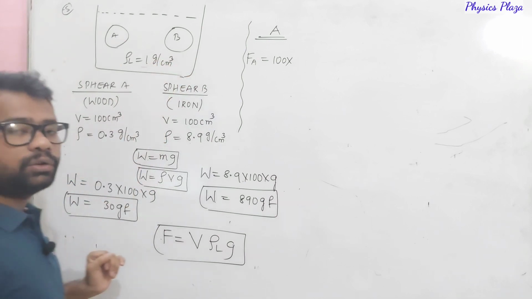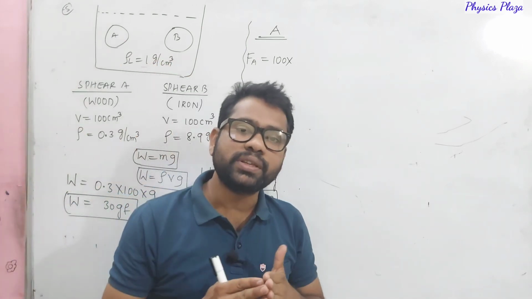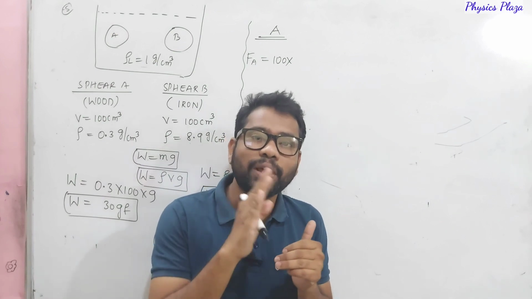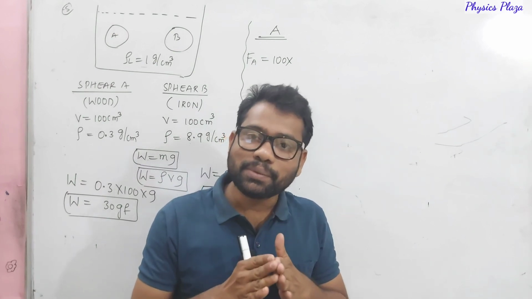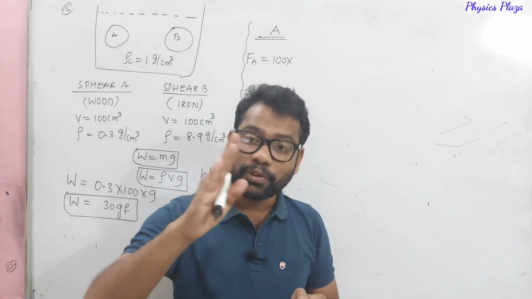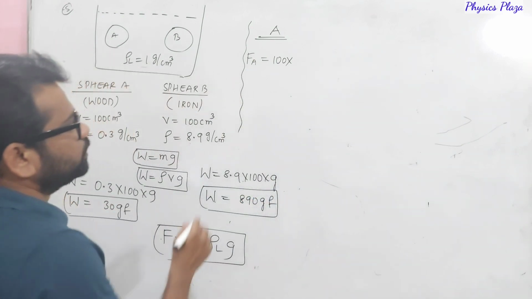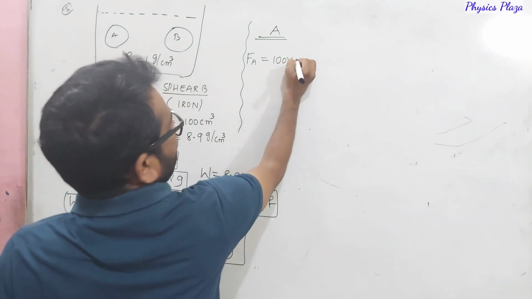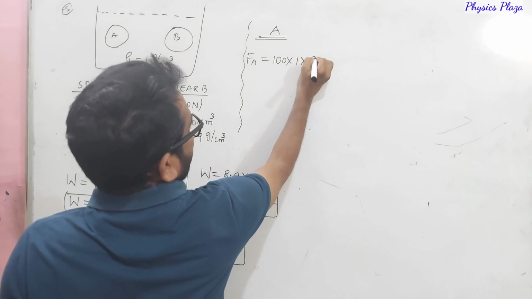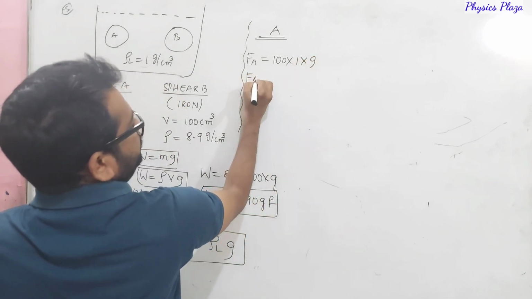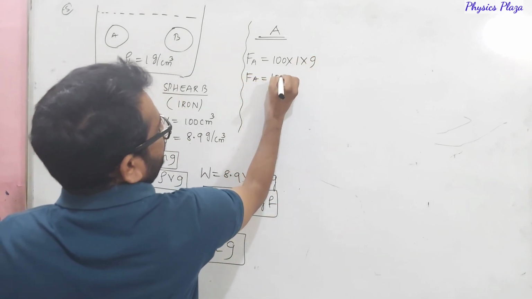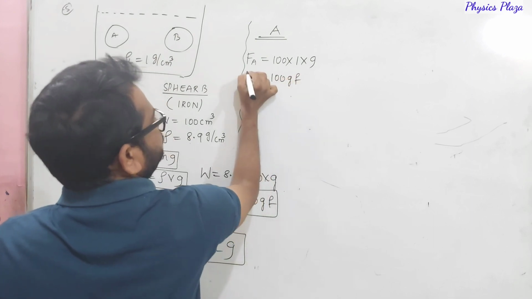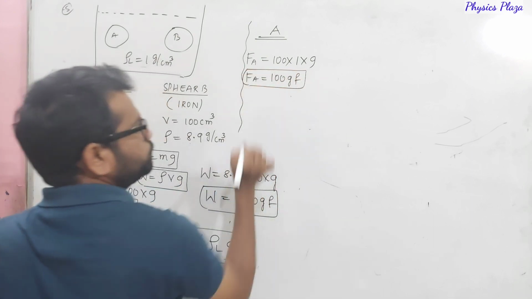And children, it is a standard value, whether it is given or not. If it is water, in the CGS system we must take 1 gram per centimeter cube. In the SI system, we must take 1000 kg per meter cube. Okay, fine. So the density of the liquid is 1 only, and g. So the buoyant force acting on sphere A is how much, children? 100 gram force.